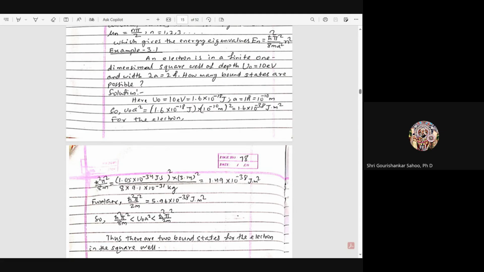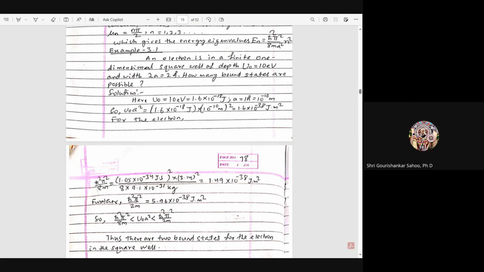So for electrons, h cross square pi square by 8m is equal to 1.49 into 10 to the power minus 38 joule meter square, by putting the values of pi equal to 3.14 and m equal to 9.1 into 10 to the power minus 31 kg, that is the mass of the electron. So for h cross square pi square by 2m, it is 5.96 into 10 to the power minus 38 joule meter square.